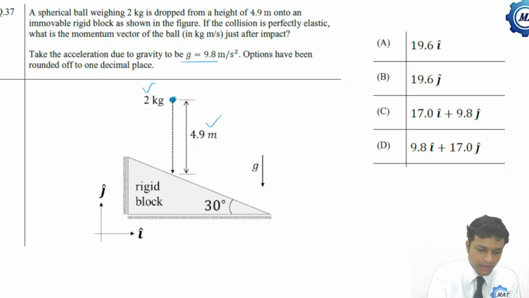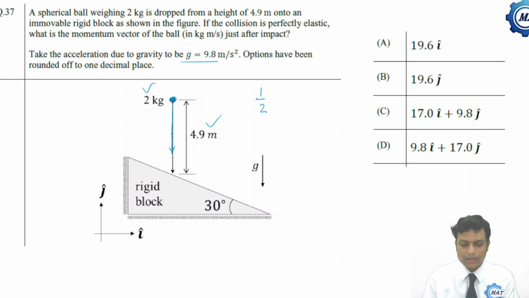The ball will come through this path. Now what will be the velocity just before impact? The potential energy of the ball will be converted to kinetic energy.